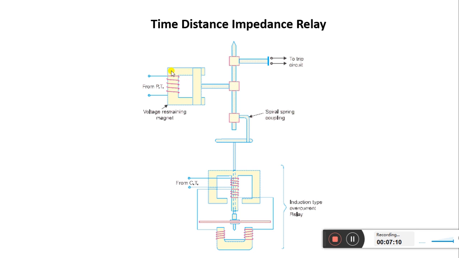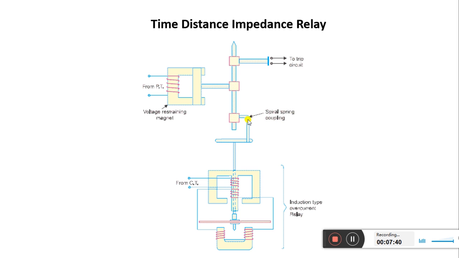This is a hinge magnet coil, and this coil is mounted over this magnet. This is called the voltage restraining magnet, and these two contacts are going to the trip circuit. Further, this link is wound with a spiral spring coupling.